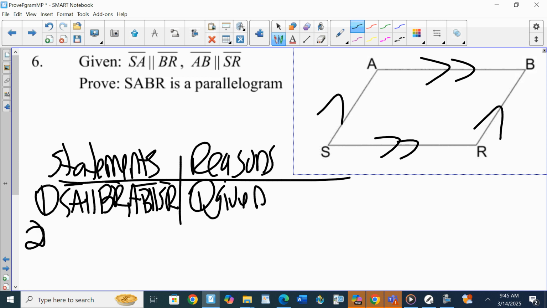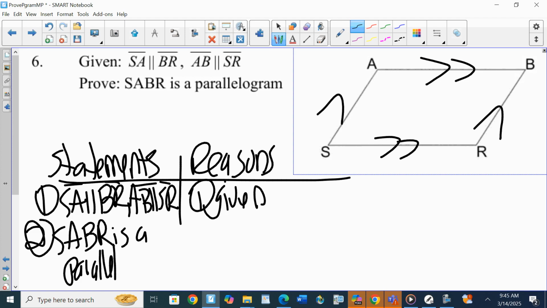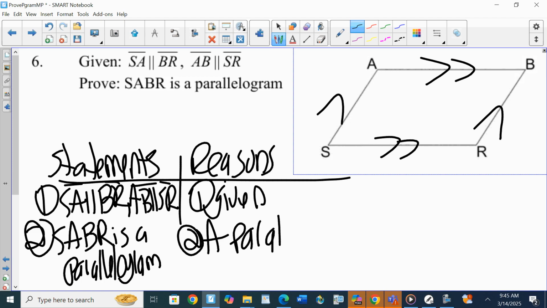Yes. Once I have one of my 5 pictures, I can state that SABR is a parallelogram. A parallelogram has. Well, what did I prove?